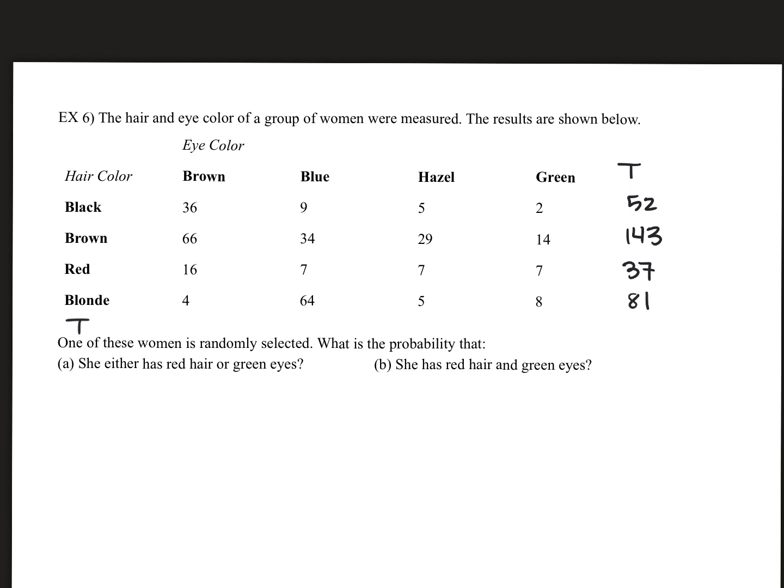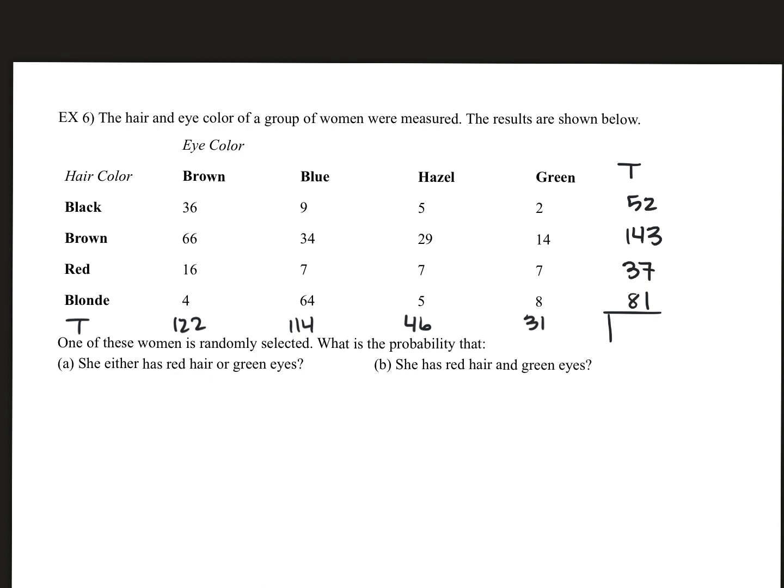And now I'm going to do it for the eye color. So brown, 122, blue, 114, and then hazel is 46, and lastly green, 31. Now, where these numbers should match is in their total.